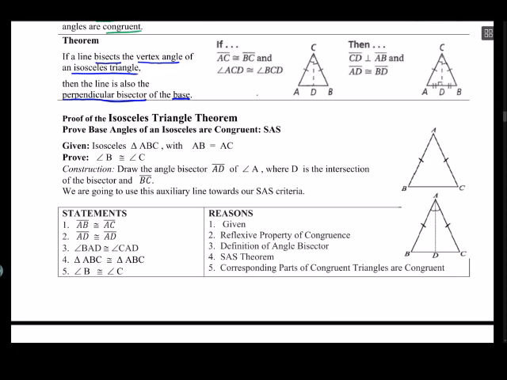If we have an isosceles triangle and we have an angle bisector, then we can automatically say perpendicular and bisect. Remember, those are two different things. Perpendicular means we've got right angles, and bisector means we've got two congruent parts.